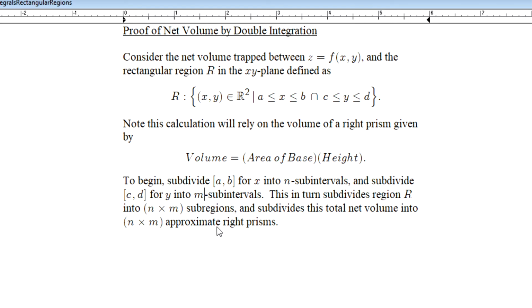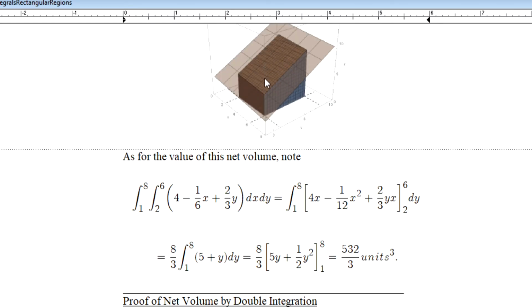I say approximate because when we subdivide these into prisms, they aren't going to have parallel bases. The bottom is going to occur in the xy plane and be level to the xy plane. But the top of these subprisms are going to be defined by our function f, the surface in three-dimensional space. So these are going to be approximate right prisms, not perfect right prisms.